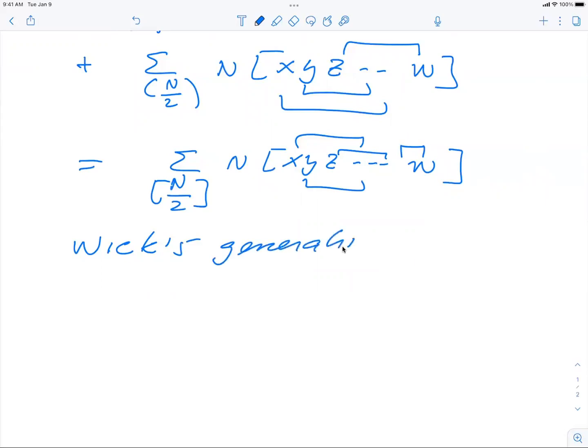And this is going to become extremely handy when we look at expectation values of more complicated operators.